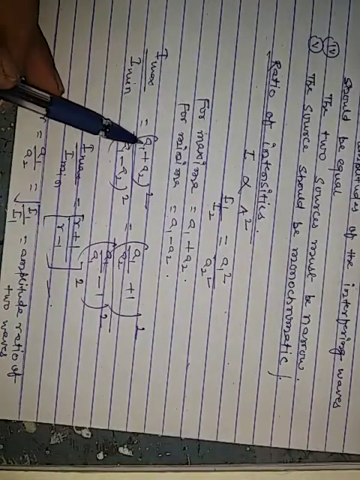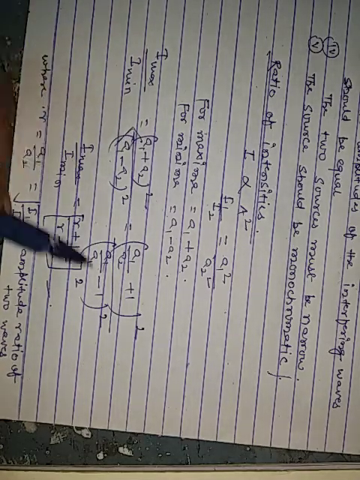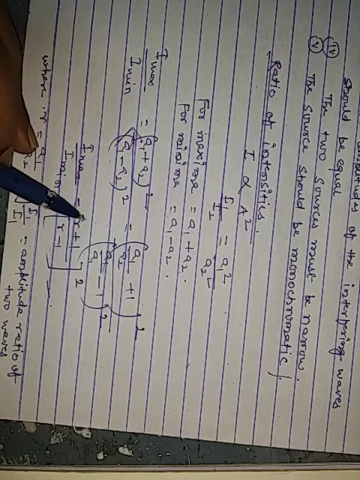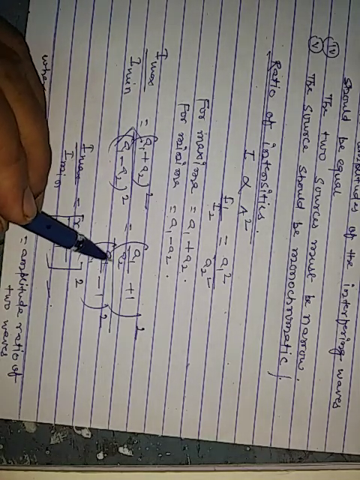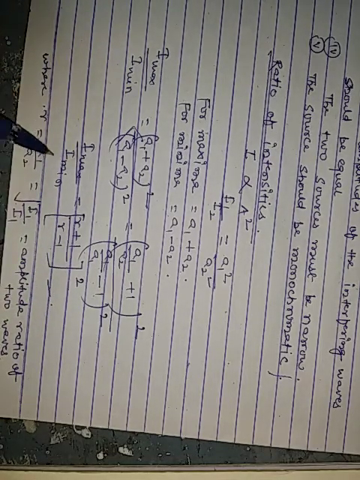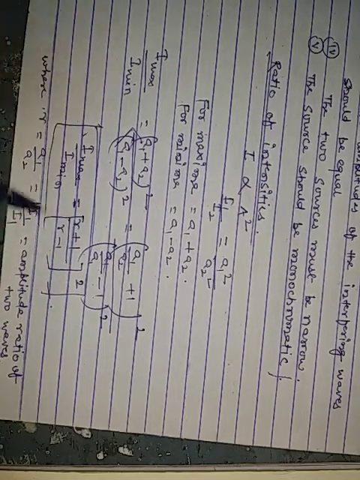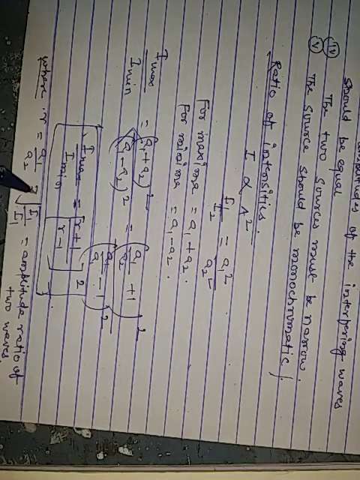We divide by A2 in both parts, so (A1 by A2 plus 1) square by (A1 by A2 minus 1) square. So I max by I min is equal to (r plus 1) square by (r minus 1) square, where r is equal to A1 by A2, which is equal to root of I1 by I2, the amplitude ratio of the two waves.